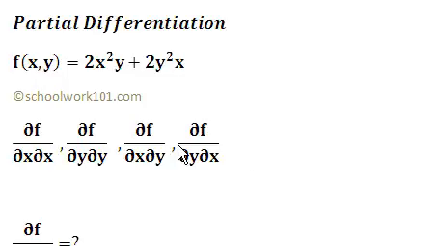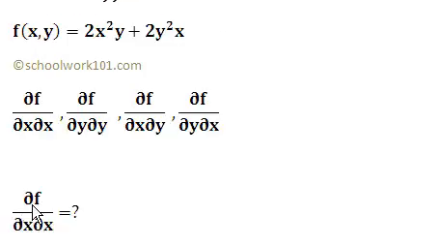Right, so we're going to be looking at the partial of f over the partial of x. All right, so which one do we do first? Because you notice we're either going to be doing this one or this one here. So which one do we do first? You might want to write that down.